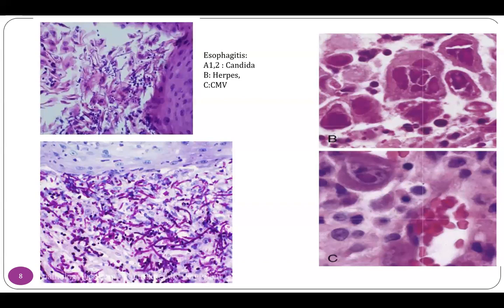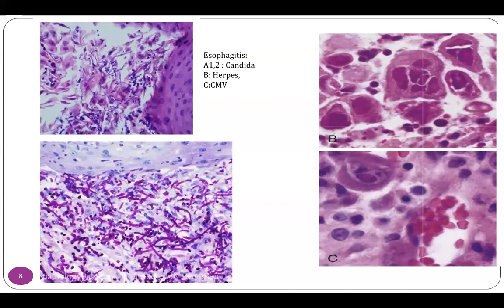In herpes, usually we see grossly, endoscopically, a clear-cut, punched-out ulcer, while in cytomegalovirus we see a shallow, superficial ulcer. So this is the gross, microscopic, and clinical presentation: shallow ulcer, superficial ulcer, punched-out ulcer, and membranes. Three characteristics of each of them.